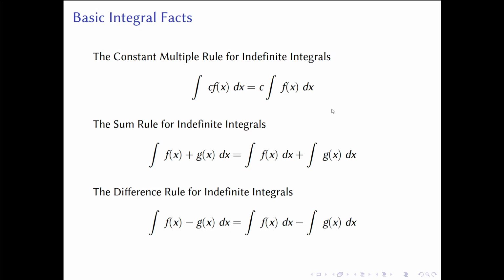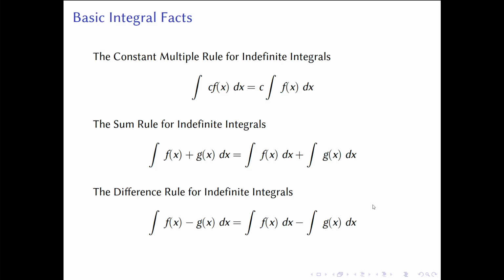Okay, so these rules work exactly the same way as the derivative rules work, so there is no mystery as to why. That's because this is exactly how the derivatives work.